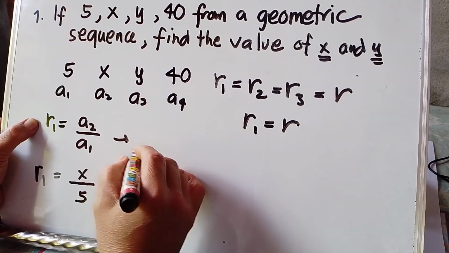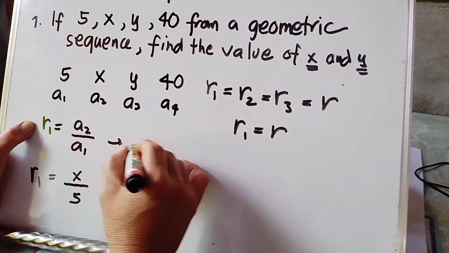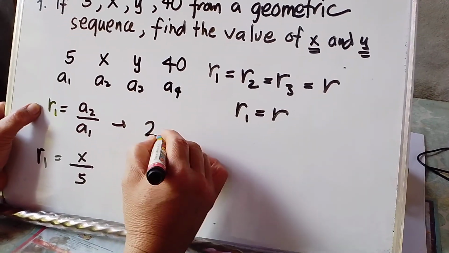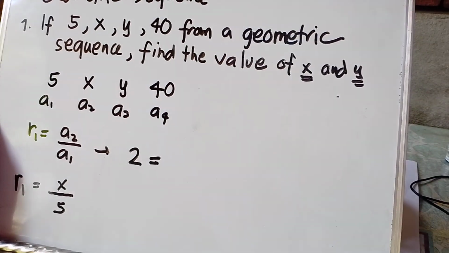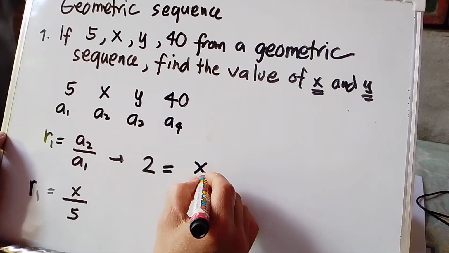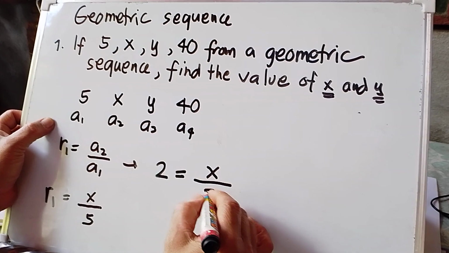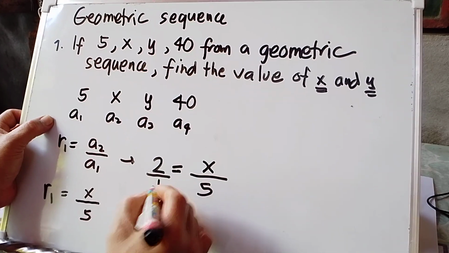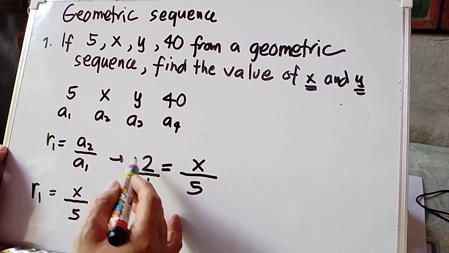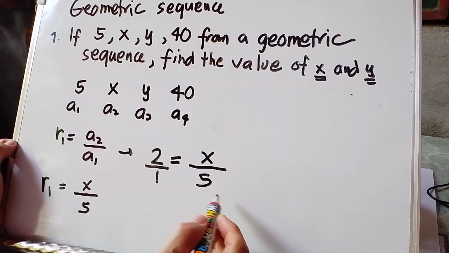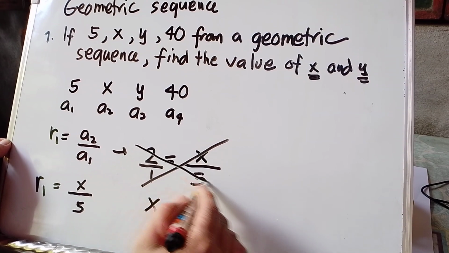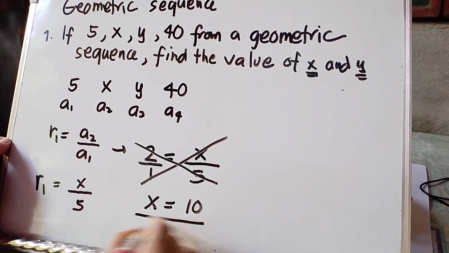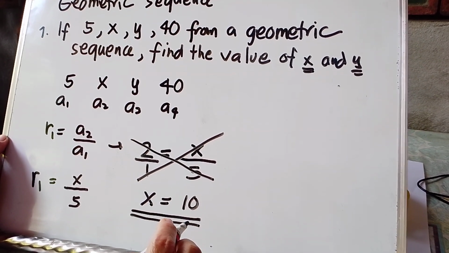So r1 is 2, right? 2 is equal to, what is my a2? a2 is x, and then a1 is 5. Then I need to put 1 here so that I can do cross multiplication. So x times 1 is x. Then 2 times 5 is 10. So I now have x is equal to 10.